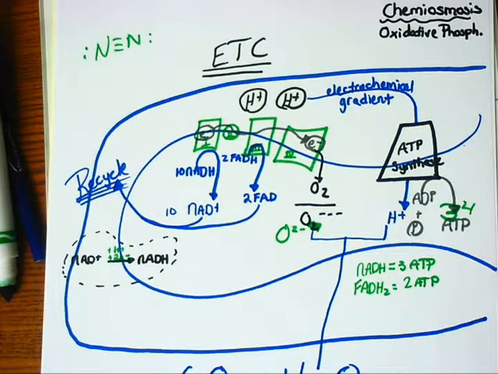How many NADHs are made from the citric acid cycle? 6. Where are the other 2? So I'm supposed to have, and everyone keeps saying, 10 NADHs shunted into this phase. 10 NADHs show up here. 2 from here, 6 from here. The other 2 are from the shunt, from the in-between state.